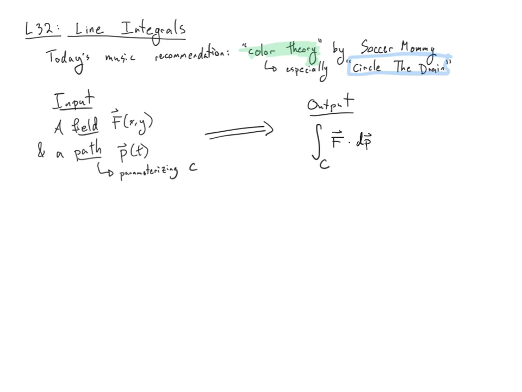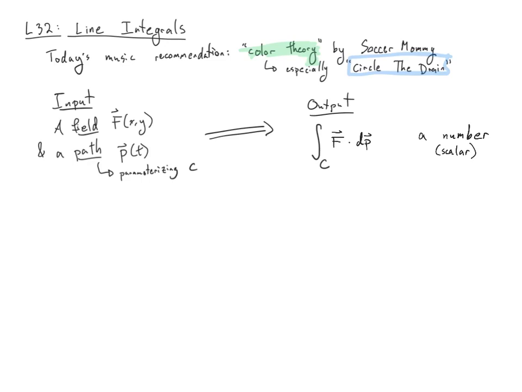And this is going to be a number, i.e. a scalar, that we associate to this field and this path.